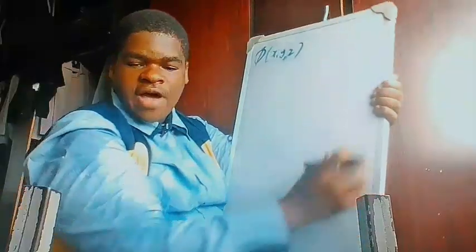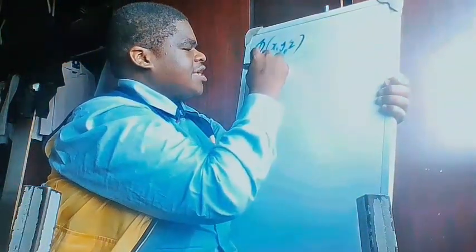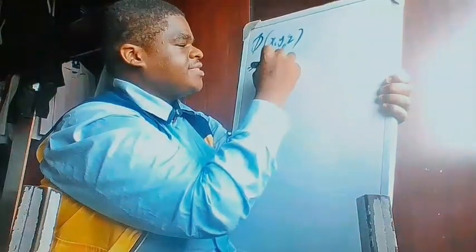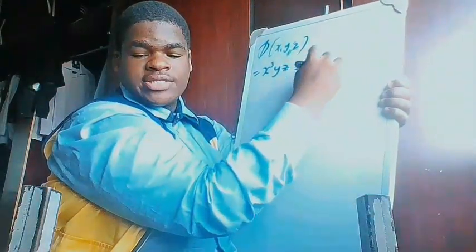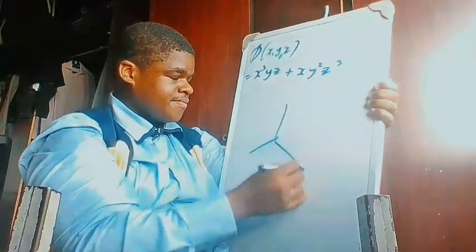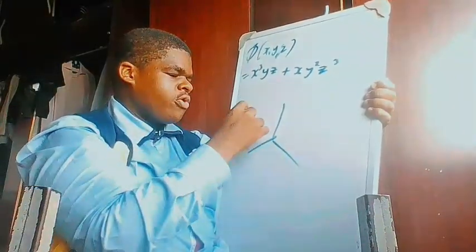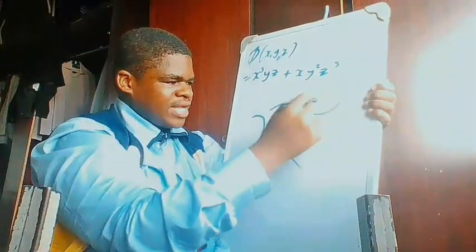So you have phi of x, y, and z is equal to x cubed yz plus xy squared z cubed. As I said, you have your 3D. Let's assume I've not plotted it before, but let's assume that the curve is something like this.